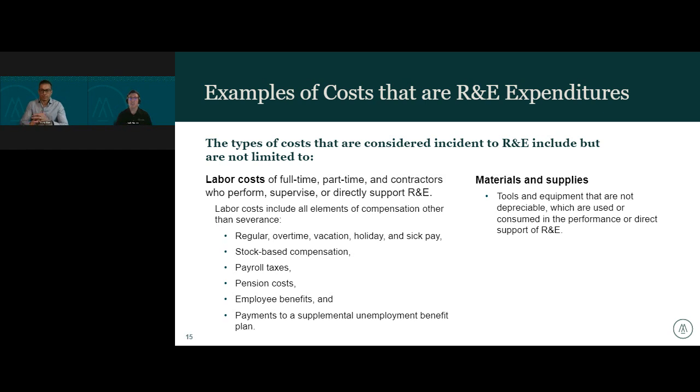So again, looking at these two categories as the first two listed in the notice, nothing really unexpected here with either of these, but it is interesting that for the labor costs guidance to say specifically only supervise as opposed to directly supervise, which is the language we typically see from an R&D credit perspective. And we also have the directly support language included. So what this might imply is a higher level employee beyond the first level supervisor may be included for Section 174.